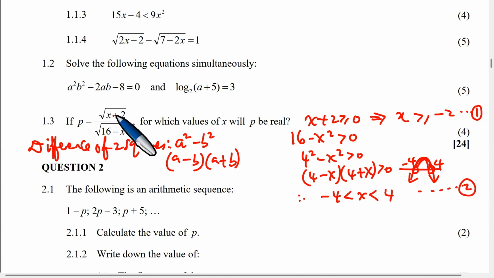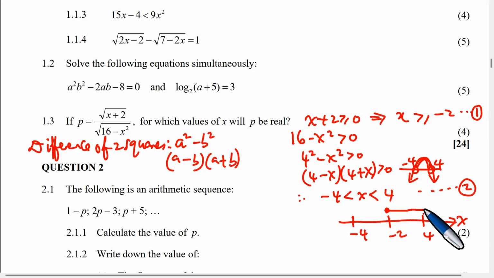inequality 2. But for these to be real, we need to take both of these into account. So we need to draw a real number line and make allocations of the numbers. We put here the number -4, the number -2, the number 4. When x is bigger or equal to -2, you go to the right.